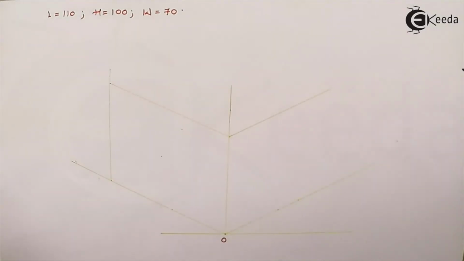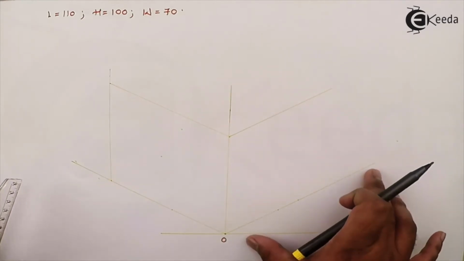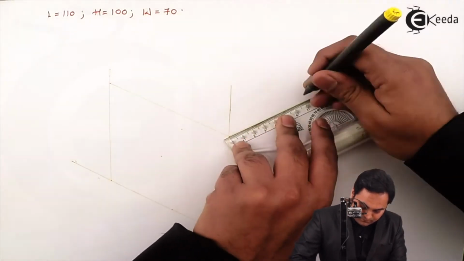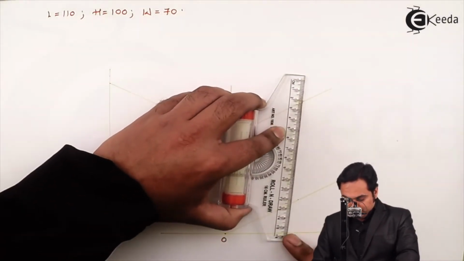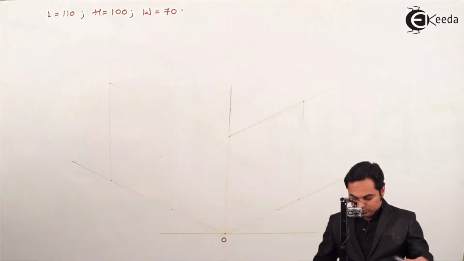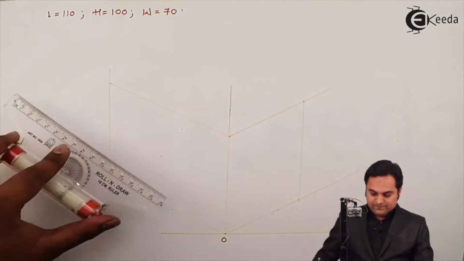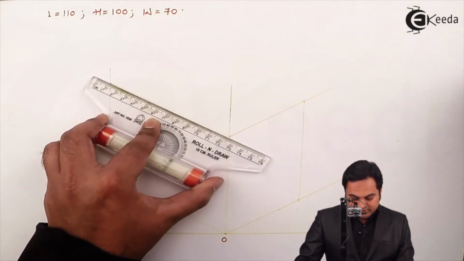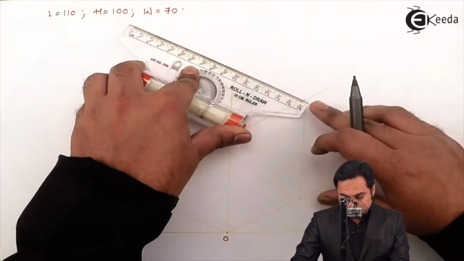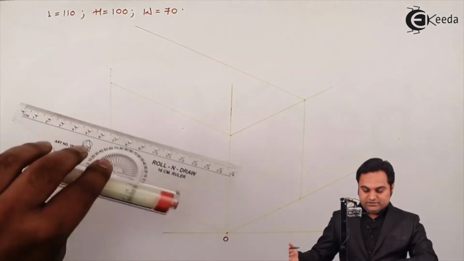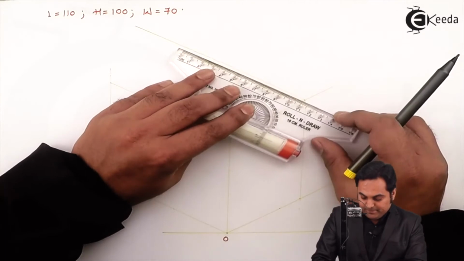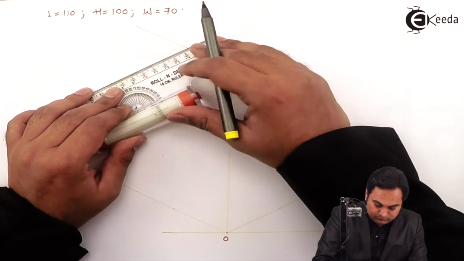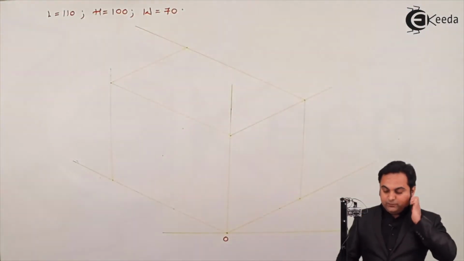Over this line I'll mark 70 mm, joining these two points with a light line. So here I am getting another surface. Next, projecting a light line parallel to the length, over this I'll mark the length 110 mm. So here I'm getting this block.